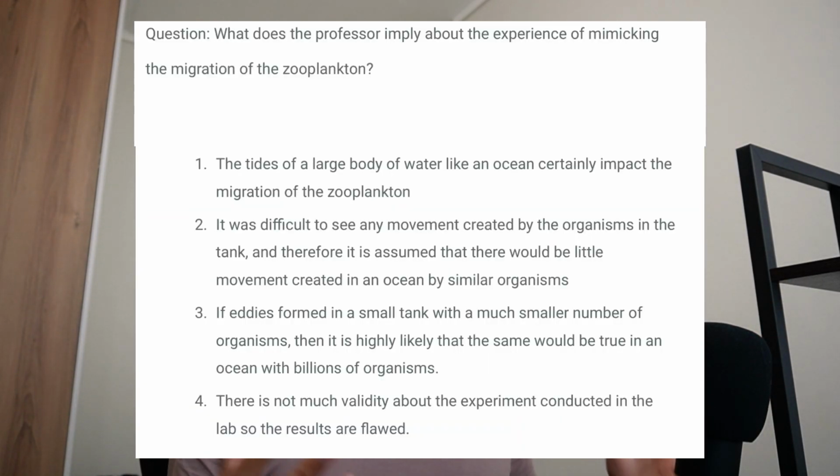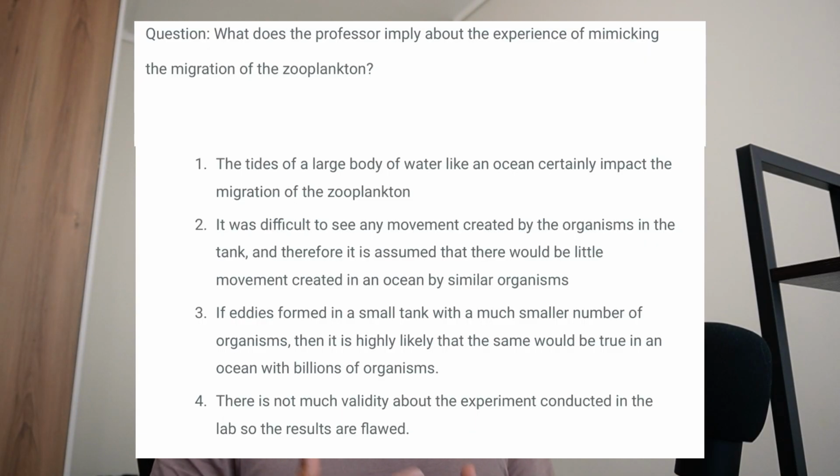Whenever I read this question, if we have a look at the example question, it says, what does the professor imply about the experience of mimicking the immigration of the zooplankton? I always think about the understanding behind it, not the literal statement or literally what they've said, but what are they indirectly saying? So it's good to understand the underlining, the subtle meaning behind what was literally said.